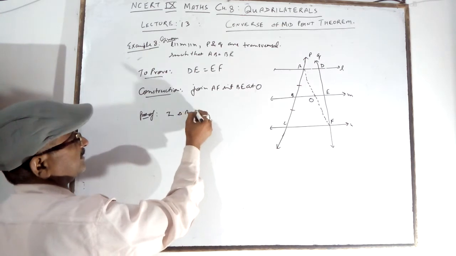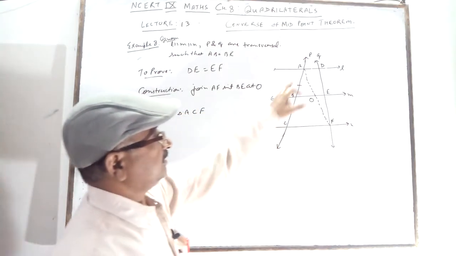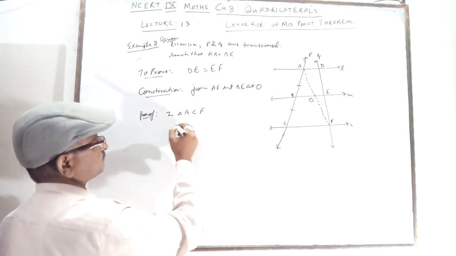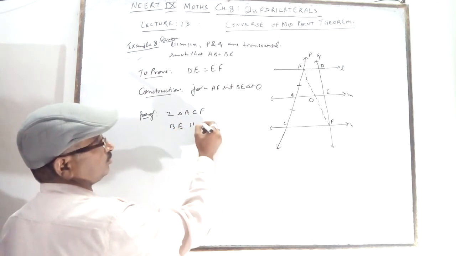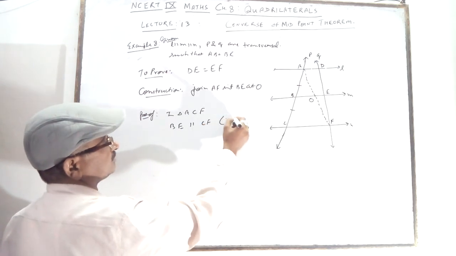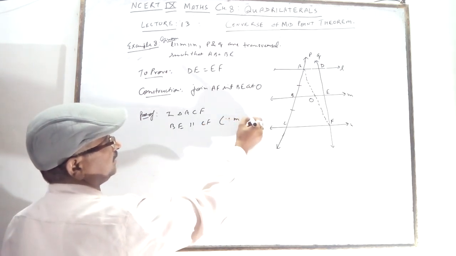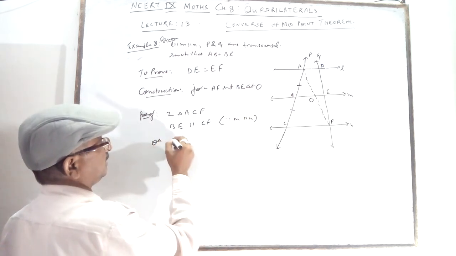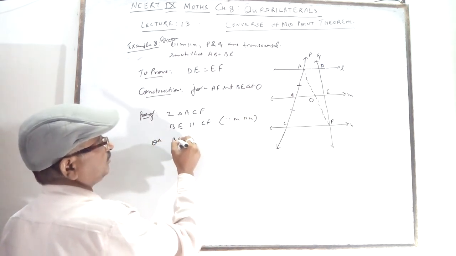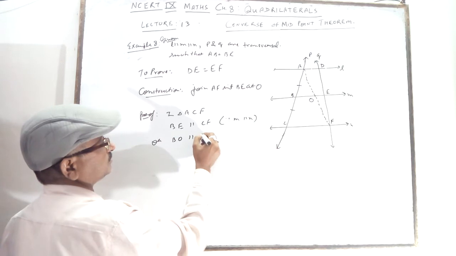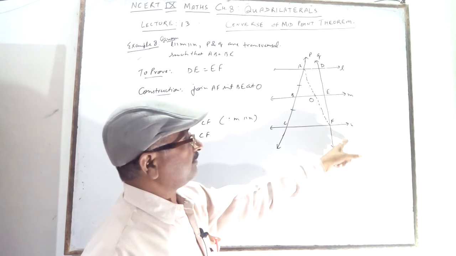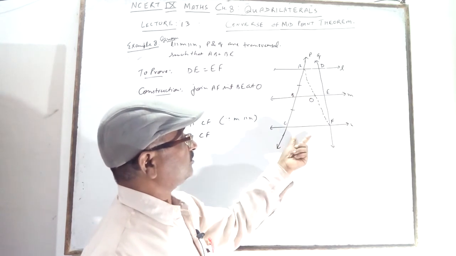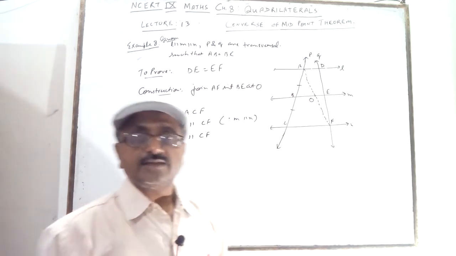In triangle ACF, BE is parallel to CF because M is parallel to N. Or you can write BO is parallel to CF, because it is part of a parallel line.